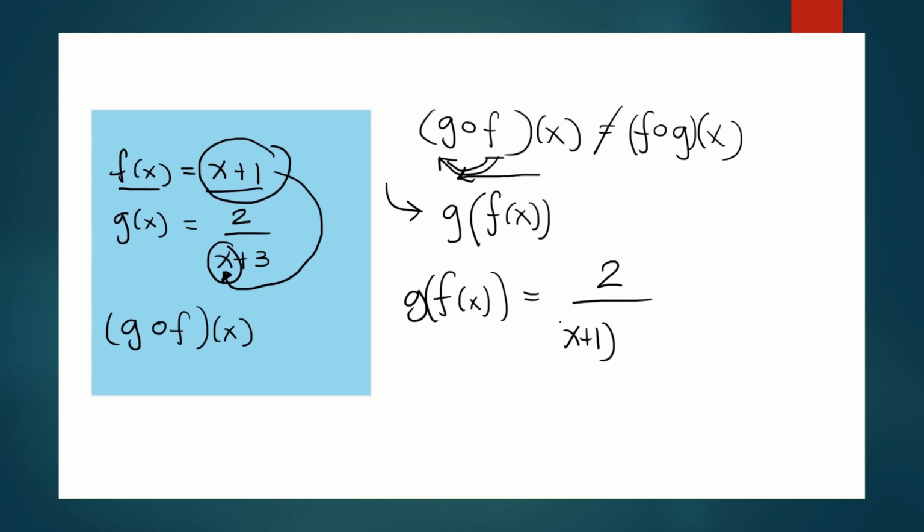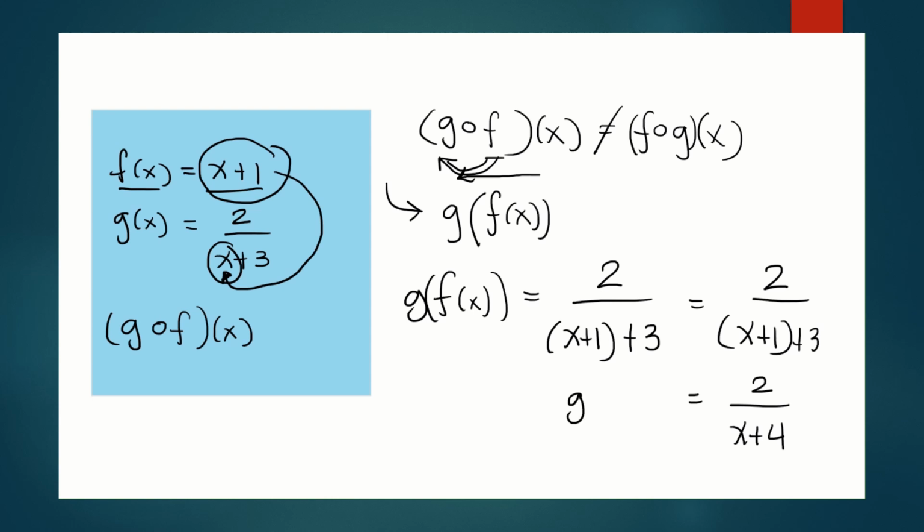So x plus 1, and then you have the plus 3. Then you simplify 2 over x plus 1 plus 3, which is equal to 2 over x plus 4. As you can see, this is different to the one we obtained for f circle g. So this is g circle f of x.